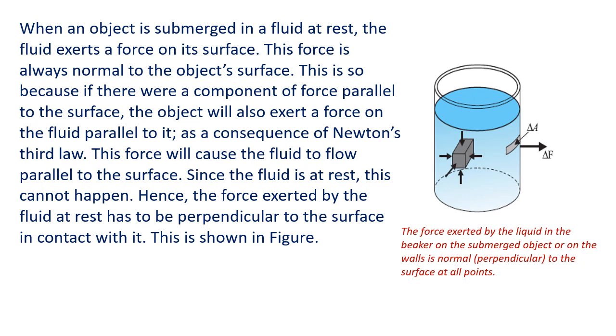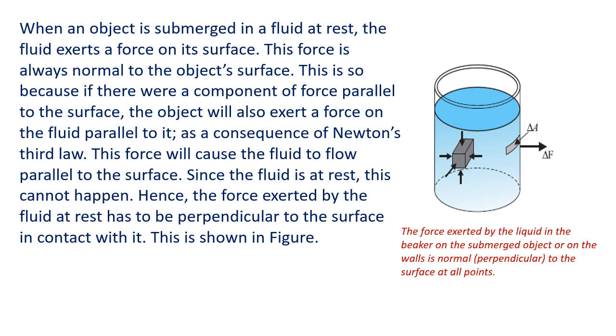When an object is submerged in a fluid at rest, the fluid exerts a force on its surface. This force is always normal to the object surface. This is so because if there were a component of force parallel to the surface, the object would also exert a force on the fluid parallel to it.